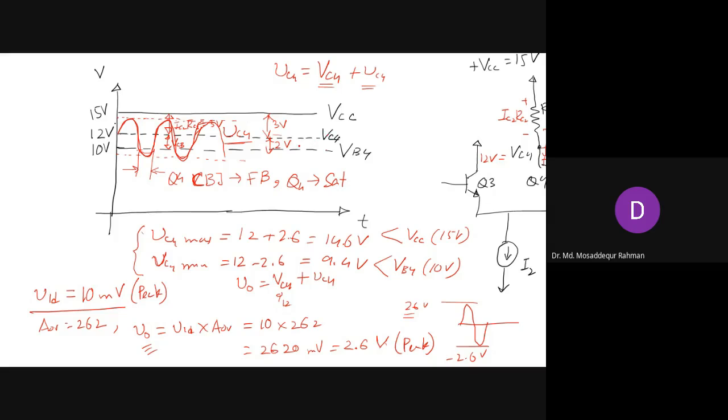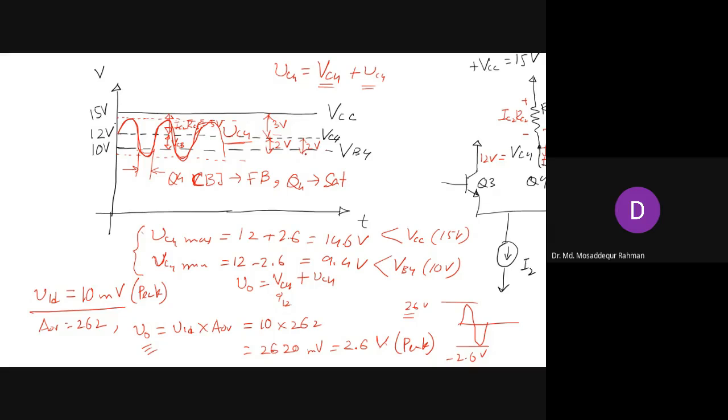In this case, the lower one is 2 volt for VCB, and the ICRC is a little bit greater, that is 3 volt. So this VCB voltage of 2 volt will determine the maximum swing.